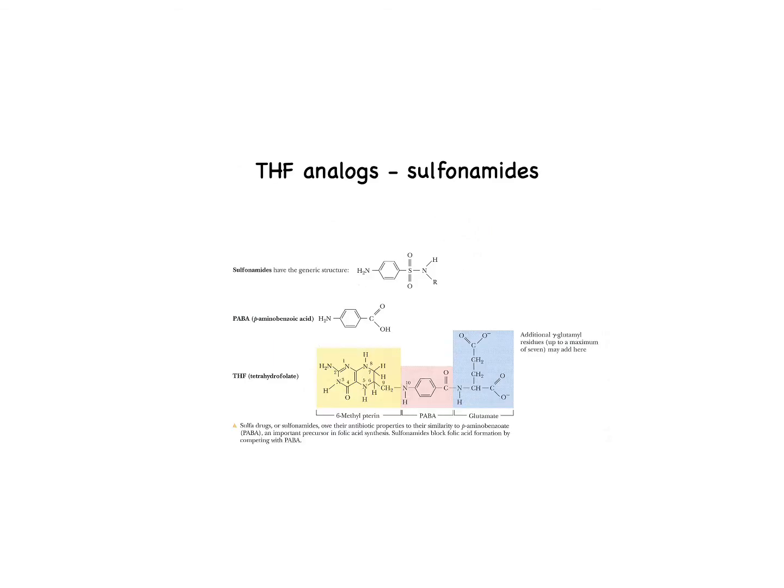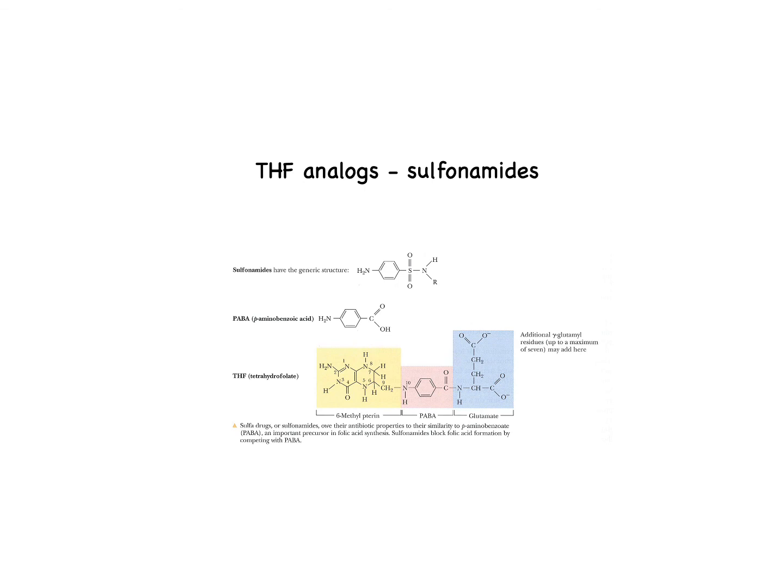Now, there are also analogs of tetrahydrofolate that inhibit the synthesis of folic acid in bacteria. These are the sulfonamides, which have also been used as antibiotics. In fact, they were the first antibiotics that were available.